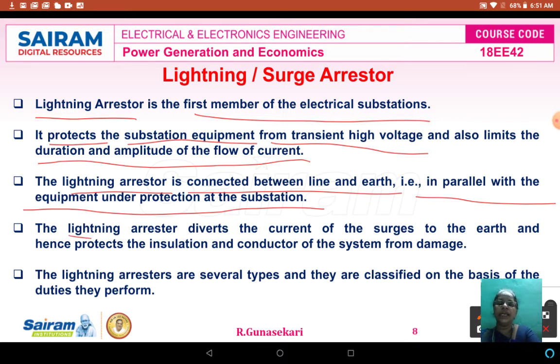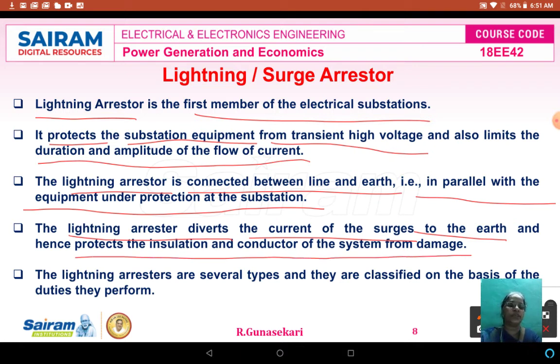It diverts the current of the surges, that means high current surges, to the earth, and protects the insulation and the conductor of the system from damage. For that purpose only the lightning arrestor is used in the substation. Lightning arresters are of several types, classified on the basis of the duty they perform.